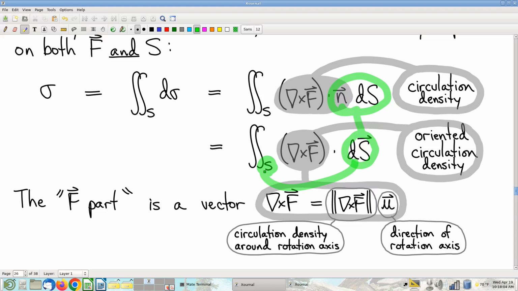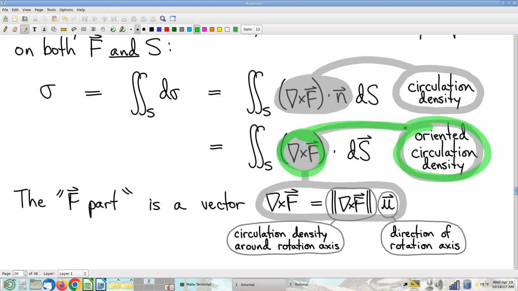That is how it really should be, right? And having done that, rather than thinking of a density as something you multiply by size to get a quantity, let's reinterpret an oriented density as being something you multiply by an oriented size. Keep in mind, that's what the ds vector is. An oriented size, manner of speaking, to get, again, the quantity in question.